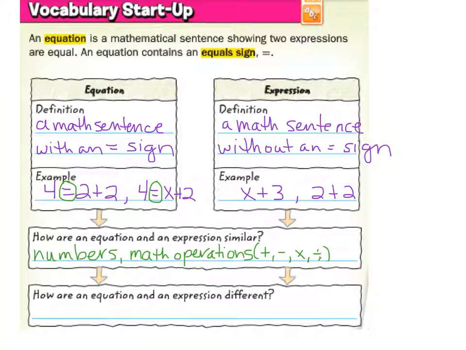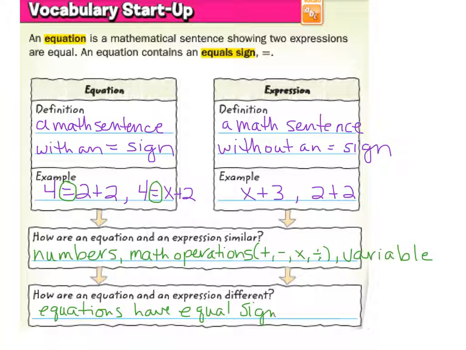And we're going into algebra, so we can also have a variable. And remember, variables are just using letters in math. How are they different? Equations have equal signs. Expressions don't.